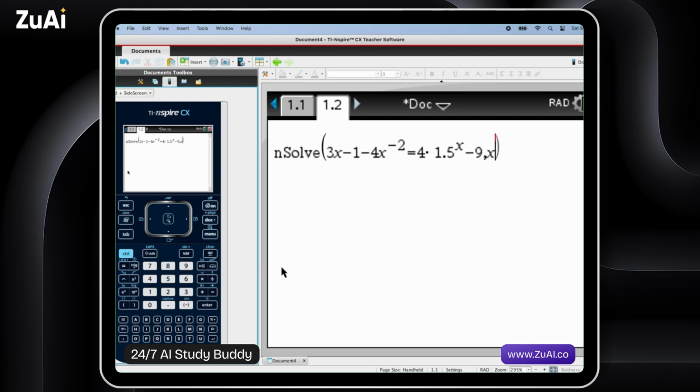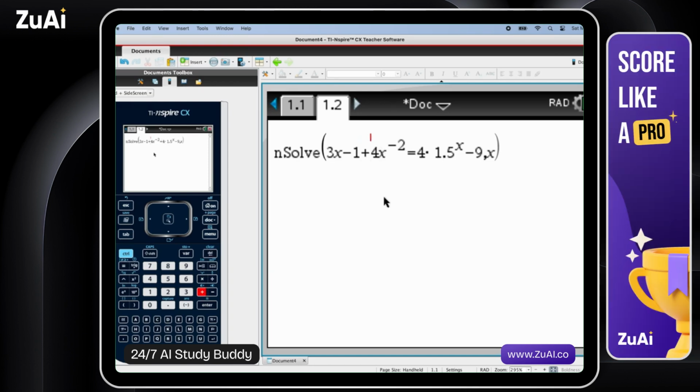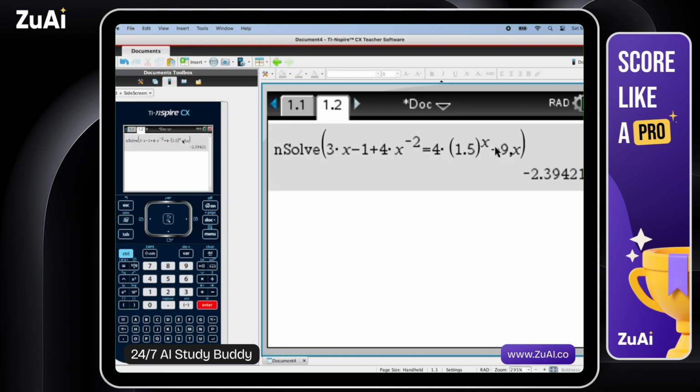Let's make sure that these are all correct. 3x minus 1, 4x to the negative 2, and then 4 times 1.5 to the x minus 9. This looks good, and hopefully it gives a value of 4. Okay, that's not terrible, actually.